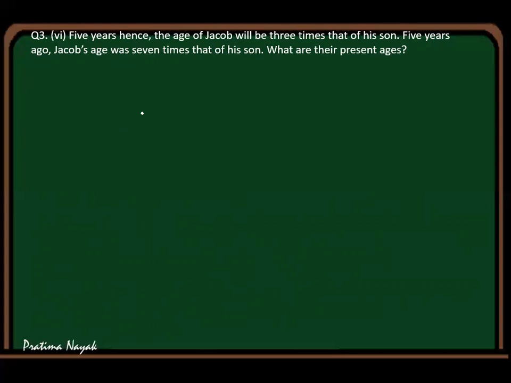So I'm taking the present ages. One is age of Jacob, one is age of son. Let present age of Jacob be x years and of his son be y years.